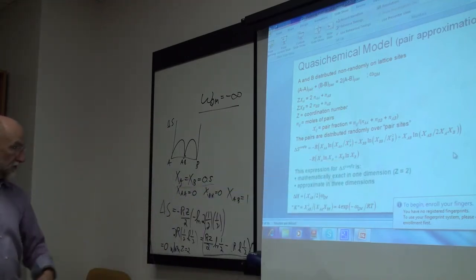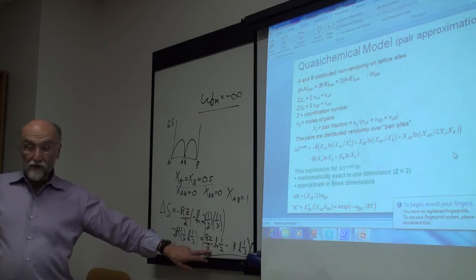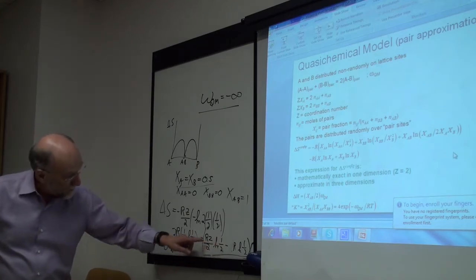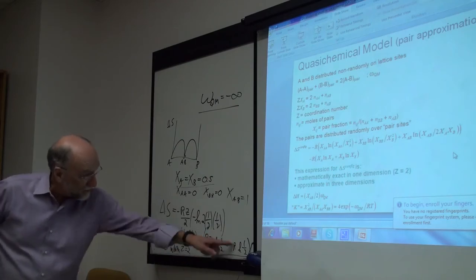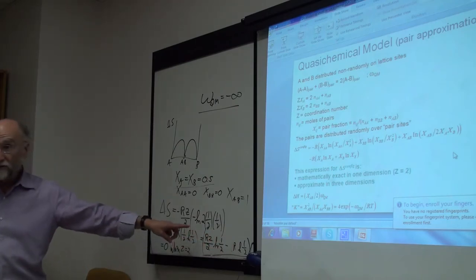So this is RZ over 2 log of 1/2, and this is minus R log of 1/2. No, I think it's right. I think that's correct. So when Z equals 2, that's 0, but if Z is greater than 2, then the first term is bigger than the second term, and since these are negative terms, delta S is negative.